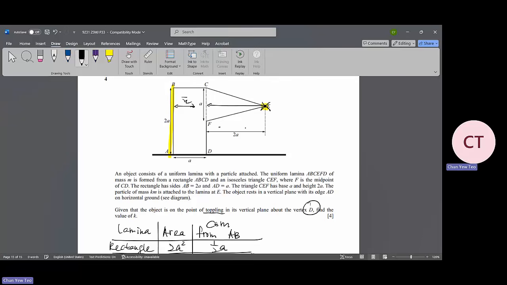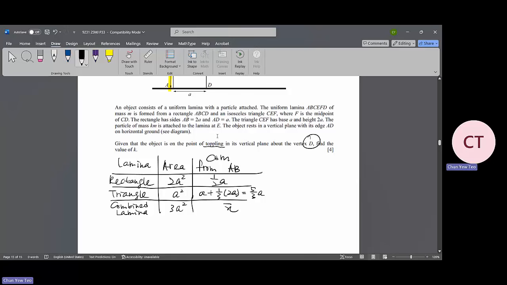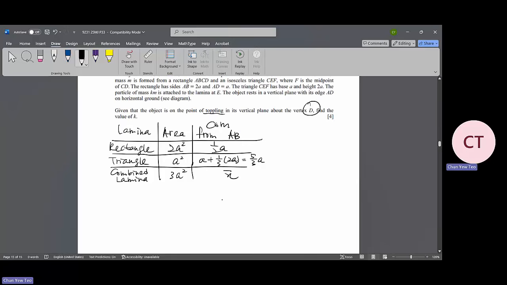This is a 2A. Okay. So you just need to find the moment, take the moment down the AB.